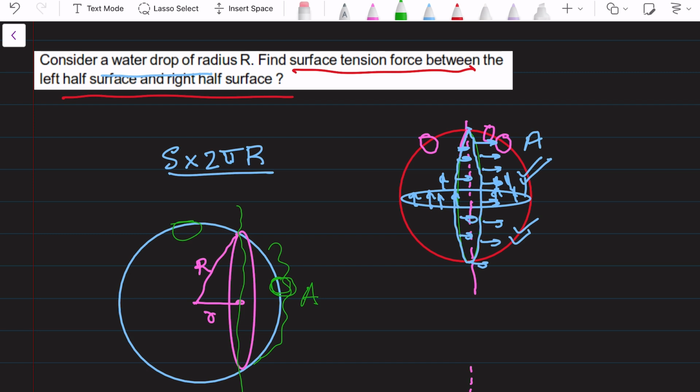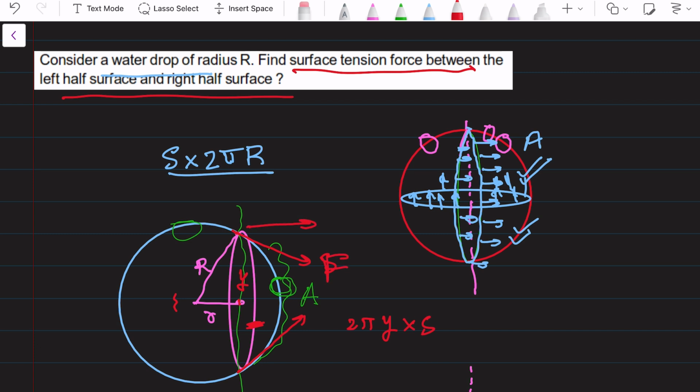Then the force, how the force will act, try to understand. It is nice one. Now here the force will be acting in this way along the surface everywhere. Say if its radius is y, radius of this circle, pink circle is y, then 2 pi y into S, that will be the force in this direction.